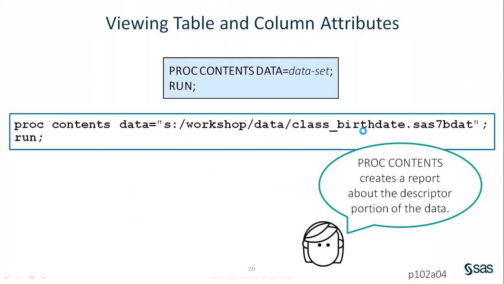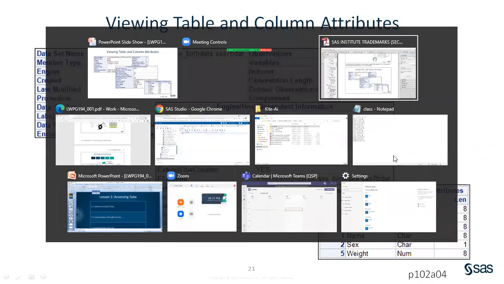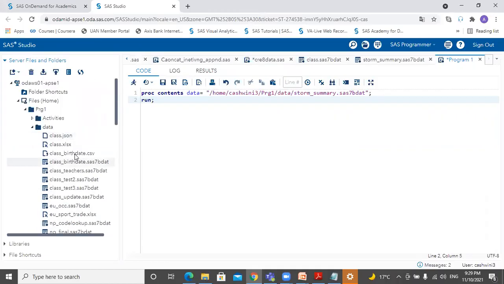They have given the example for class birth date. So this is the information for class birth date. Same thing, if we move to our studio and check for the data which is already existing, see class birth dates here as a SAS data set. I'll do the same thing.